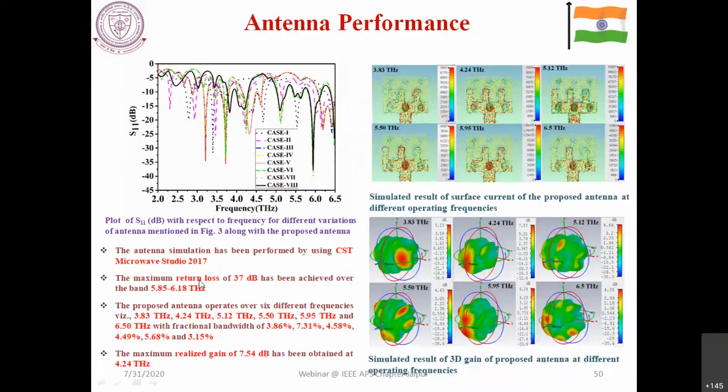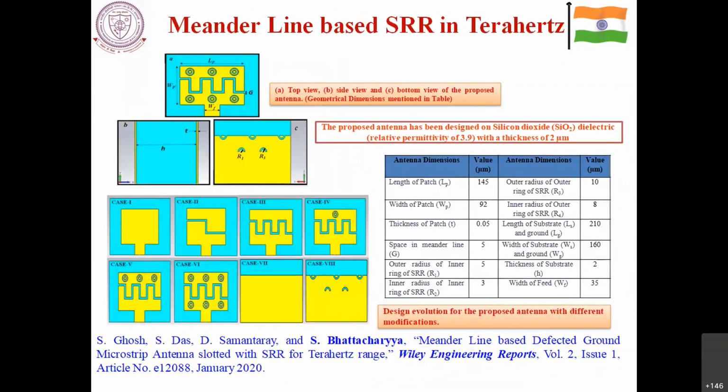It has been clearly written that the antenna is operating over 6 distinct frequencies. So the meander line approach is one of the approaches, along with SRR and everything. Please go through this particular paper. It has been explained in detail, from case 1 to case 8, how one can proceed.